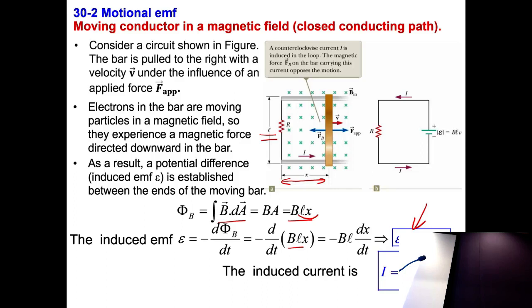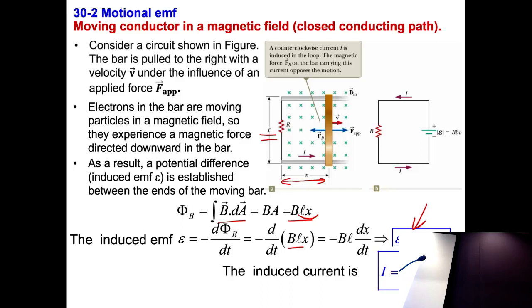Remember, we said to change the flux, you can either change B, change A, or change the angle between them. Remember, we had a slide with an angle between B and the area vector A. Here, we're not changing B, we're changing the area. Since we're increasing the area, the flux is increasing.